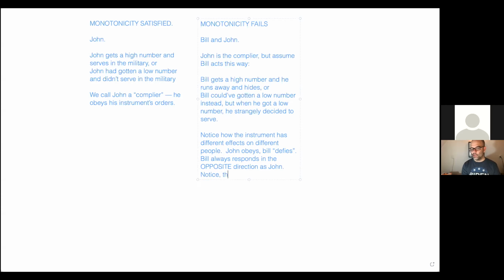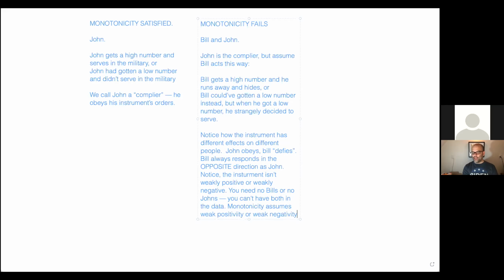So notice the instrument isn't weakly positive or weakly negative. You need no Bills or no Johns. You can't have both in the data. Monotonicity assumes weak positivity or weak negativity in the instrument's effect, but not these contradictions. They are assumed to not exist.